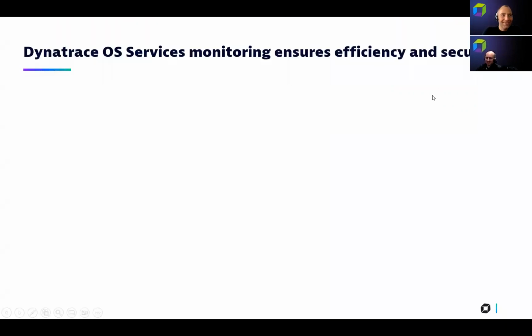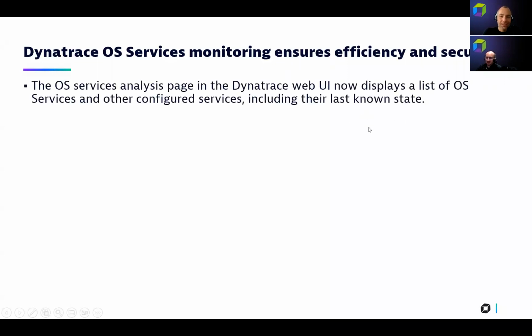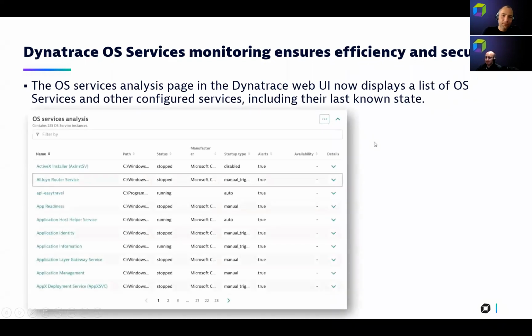Okay, great. So in Dynatrace blogs, under the product news section, we have two different blog posts I would like to share with you. The first one is about Dynatrace OS services monitoring. We have a new analysis page in the web UI. It is under the host page.